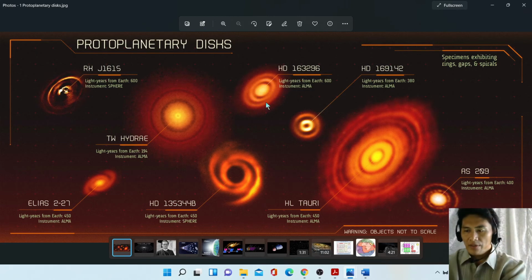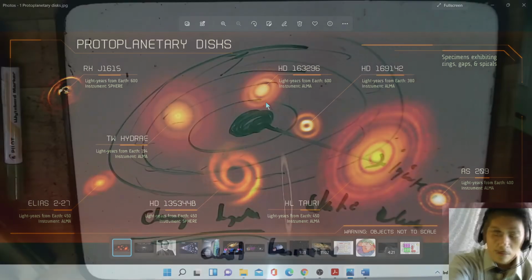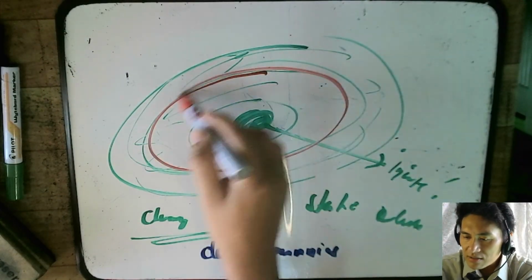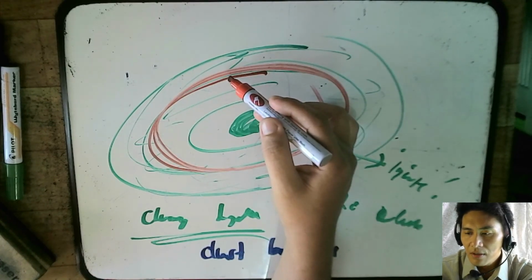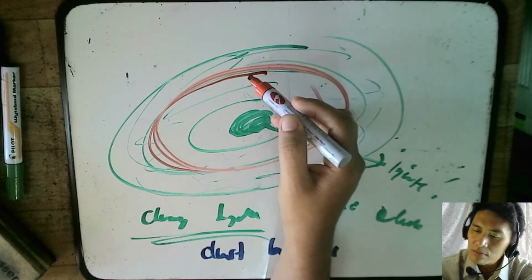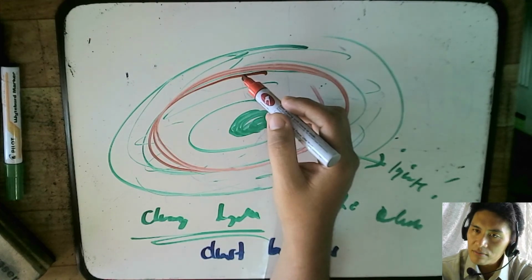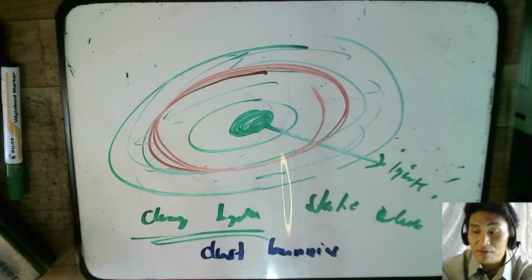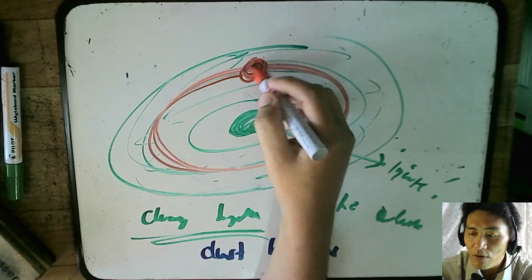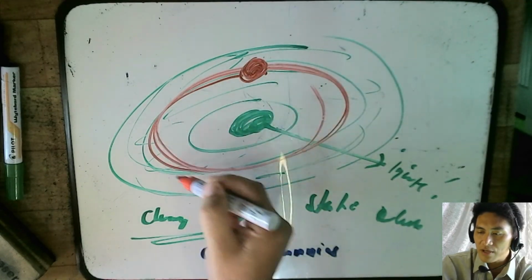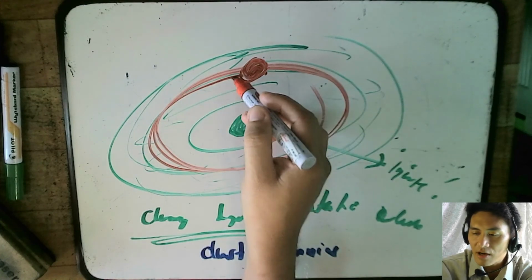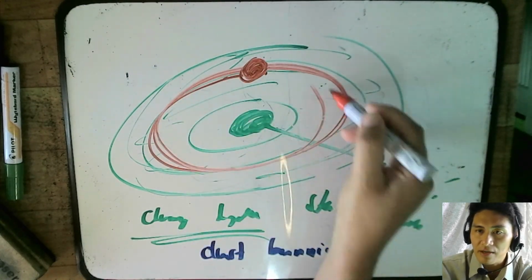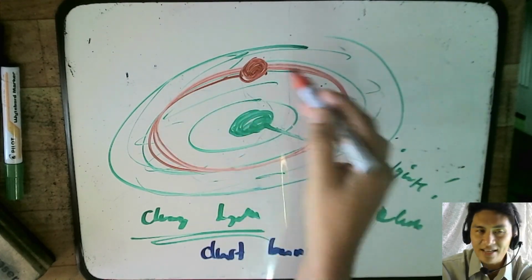The idea is that part is dark because it has no dust in it. And why is that part having no dust? That's probably because a planet has been formed there. And as it revolves around the young star, it sweeps up the material. That's why that area is empty.